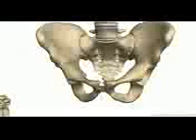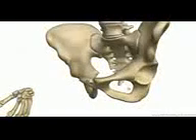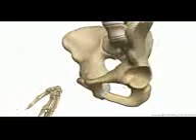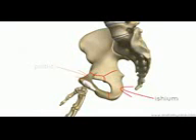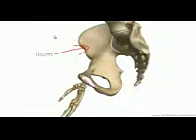I'll remove this and we can look at the medial view. So here anteriorly we've got the pubis, that's this portion here, and then posteriorly we've got the ischium in this region, and above it the ilium. I'll talk you through some of the features of the ilium, the ischium and the pubis.